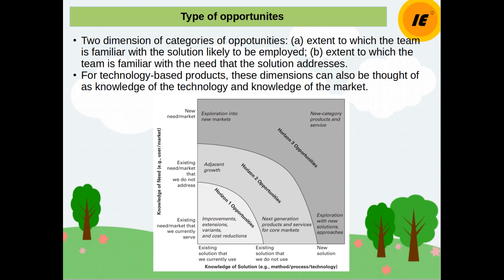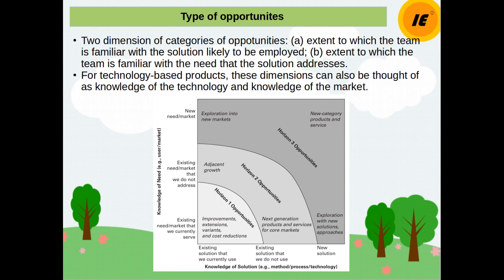Now let's understand what will happen when we have, let's say, an existing need or market that we currently serve. In that case, if we know the solution we're already using, that means basically we already have some product.